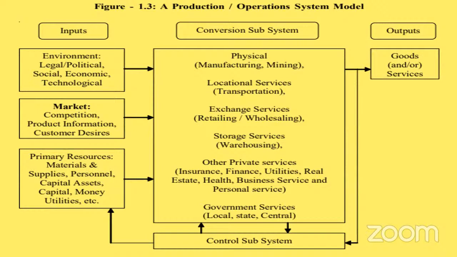That is the impact externally: these political policies, fiscal policy, monetary policy, production policy, or it may be the Factories Act. All these things give an organization some impact of this environment.